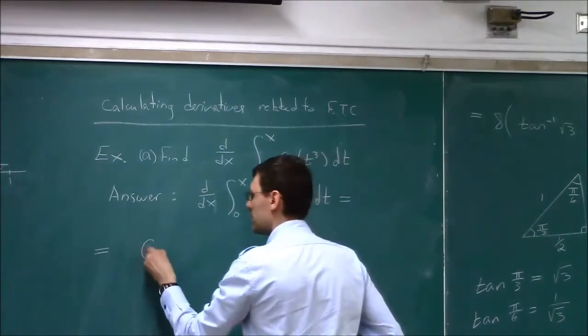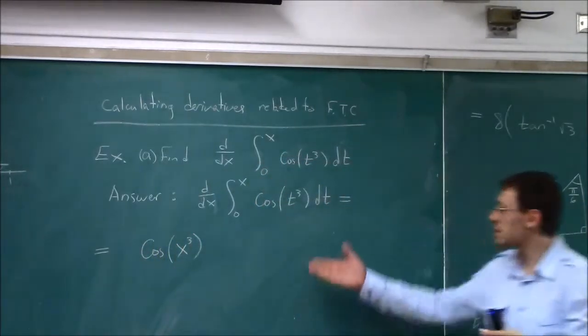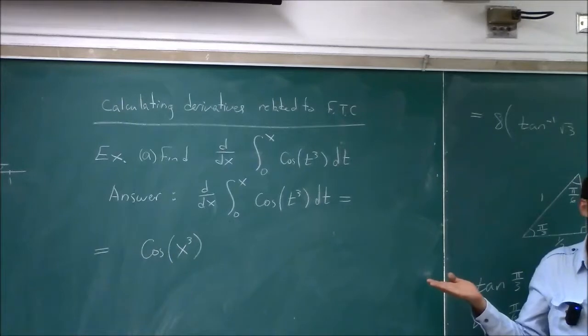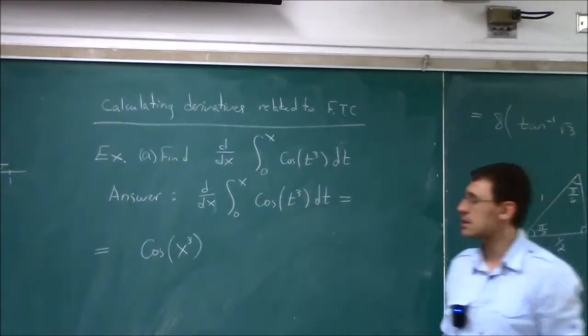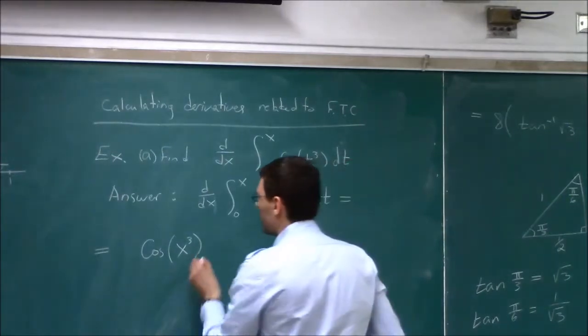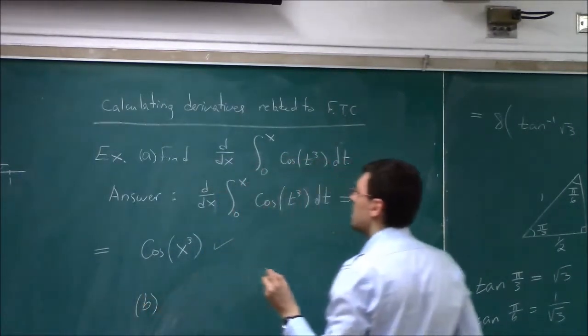Cosine of x cubed, right? That's pretty much what it was meant to do. Functions of this form were meant to be antiderivatives. So this is cosine x cubed. Wonderful, that's correct.